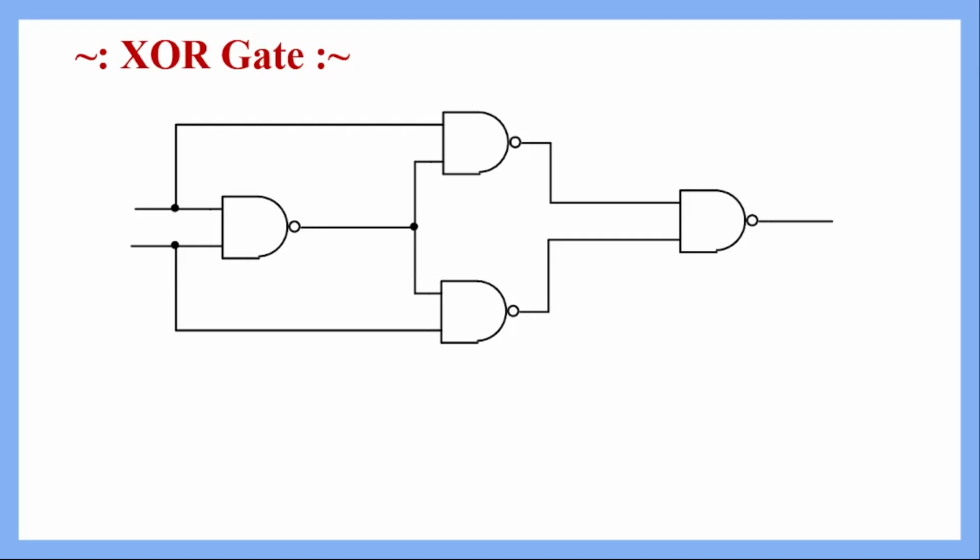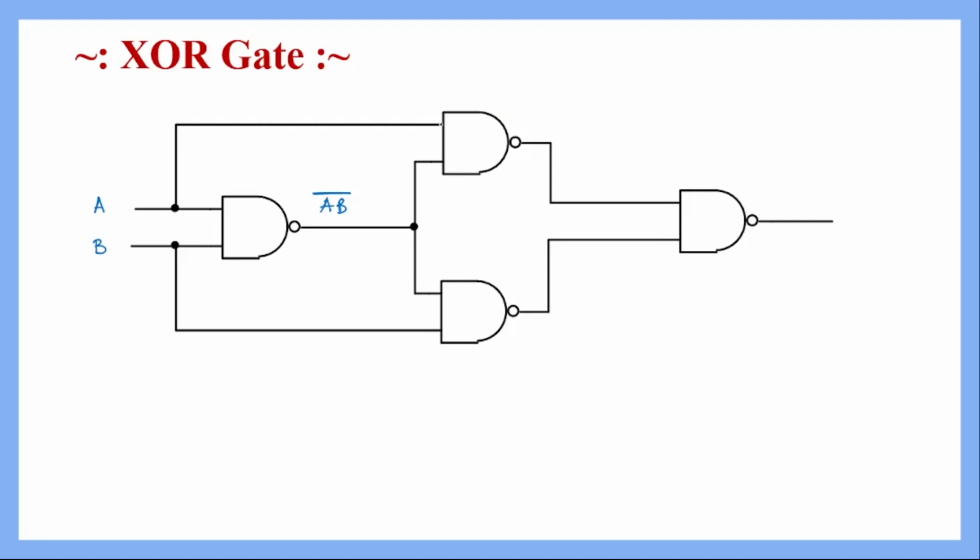The minimum number of two-input NAND gates that we need is 4 to implement a two-input XOR gate. In the first two-input NAND gate we take both variables a and b, and the output will be ab complement.